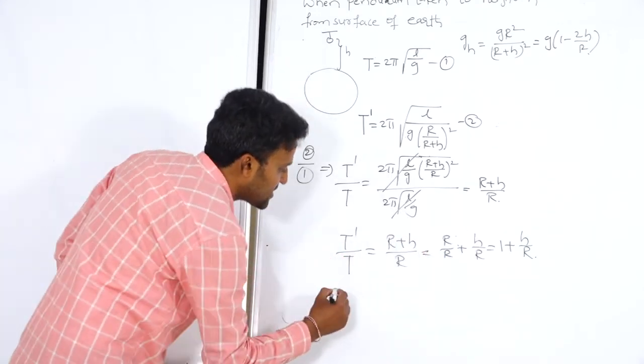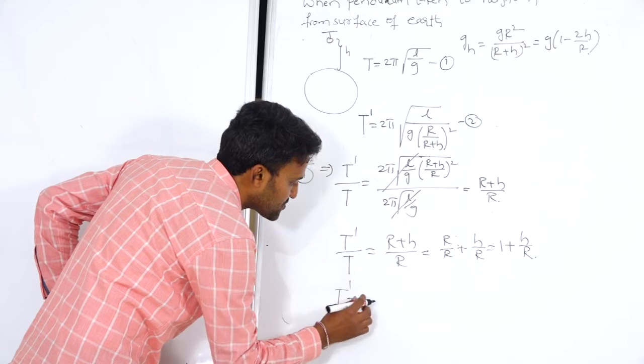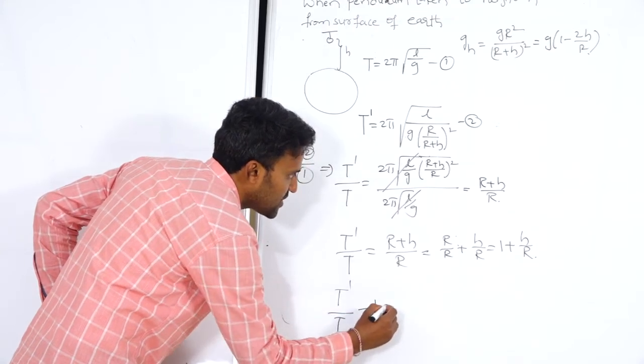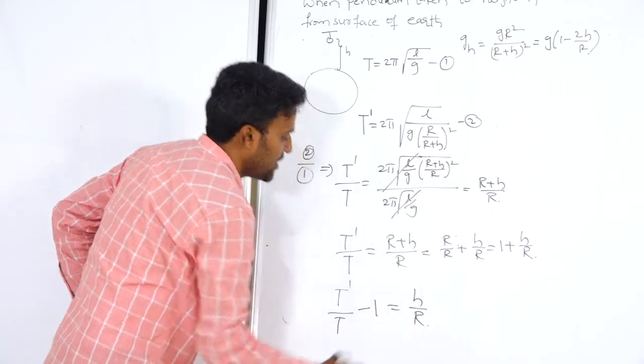Now 1 I am taking this side. T dash by T minus 1 is equal to H by R.